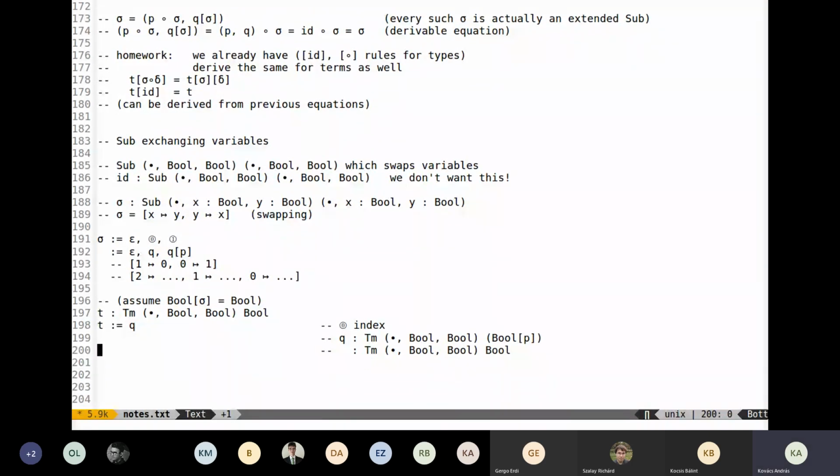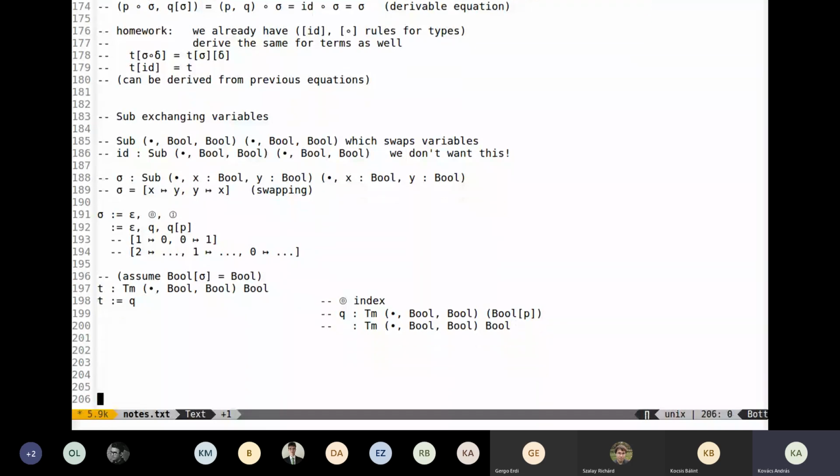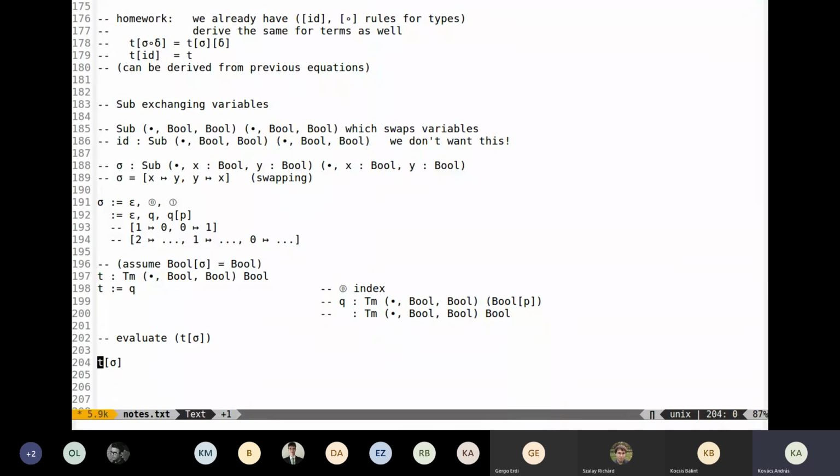So I say that the term is just the 0 de Bruijn index, and now I want to evaluate t substituted with sigma. Let's unfold the definitions. I start with t sigma, and I know that t is q. So I have q sigma, but I know that sigma is this. So I have q this.